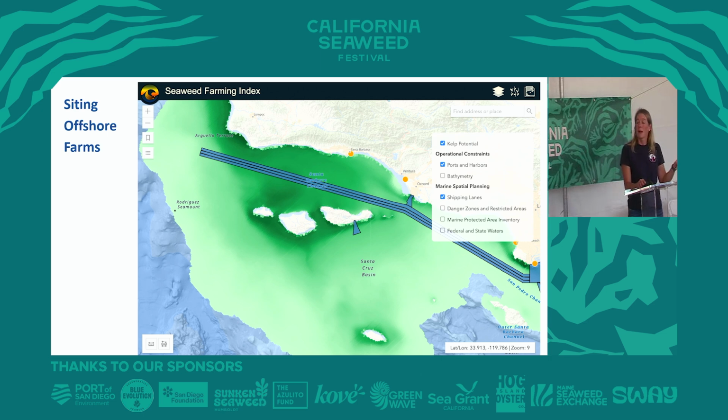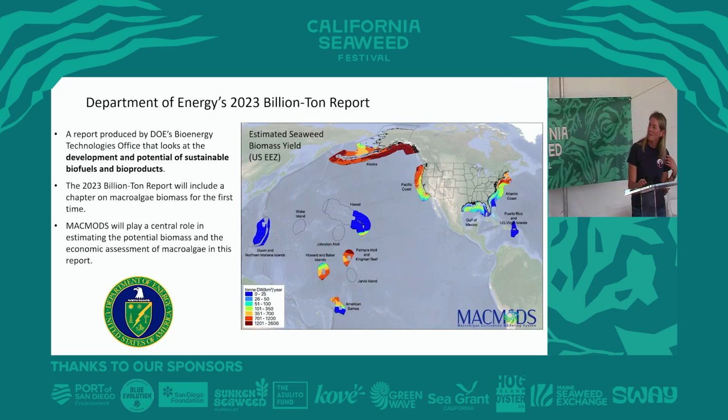But if you had a farm, you might be able to farm there. And then it's overlain with things like shipping channels and marine protected areas, places where you wouldn't be able to seek a permit. And this is an ArcGIS tool that some software engineering students at UCI helped me put together during a master's project recently.